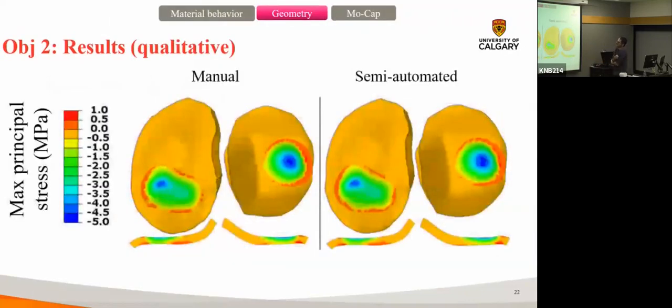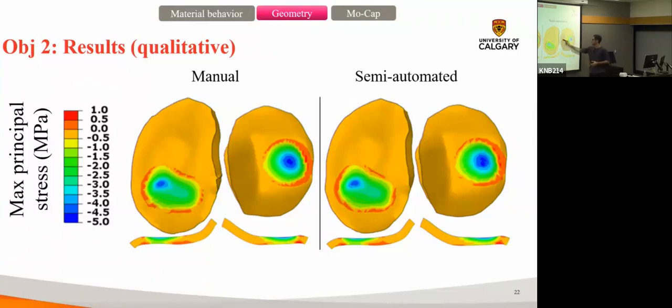Here is the maximum principal stress distribution between manual and semi-automated in medial and lateral cartilages, both on the surface and depth wise. This is a cross section from the maximum value of the mechanical parameter.